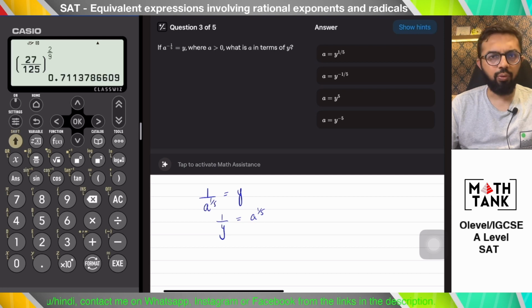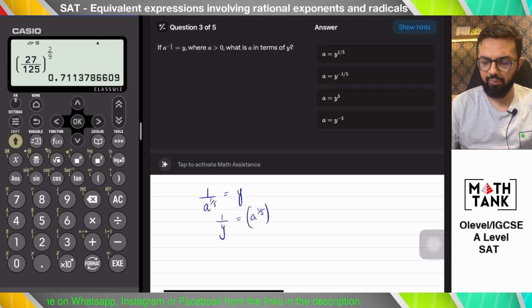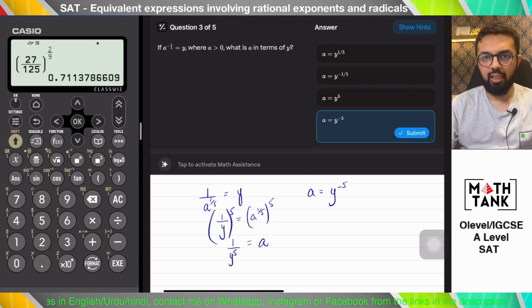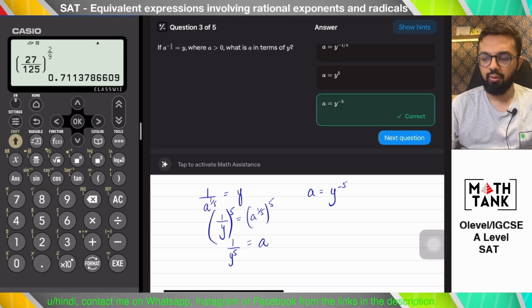Now, how do you remove a power 1 over 5? You take a power 5 here. So a becomes 1 over y power 5. Now, is that an answer option? No. Can I bring that to the numerator and say that a equals y power minus 5? And that I think is the right answer option. Okay, moving on.